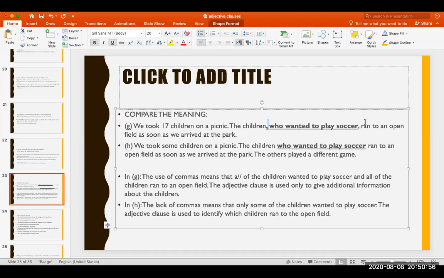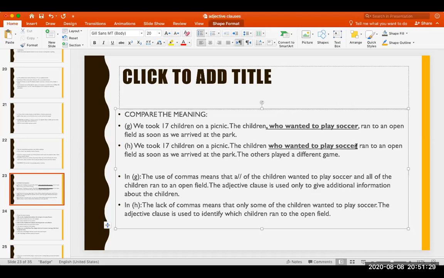If you delete it, the sentence is still going to be the same. So here, what do we understand? How many children in the first sentence wanted to play soccer or football? All of the children. All of the 17 children. So this is why this is extra information. But in the second part, if we took 17 children on a picnic and we use no commas, remember, it means this is significant.